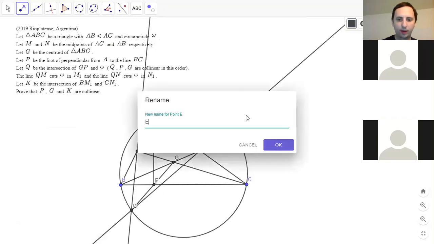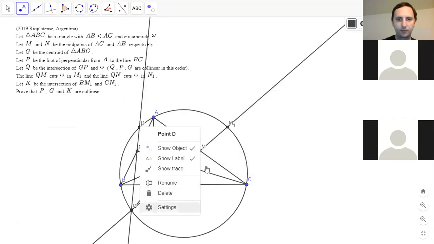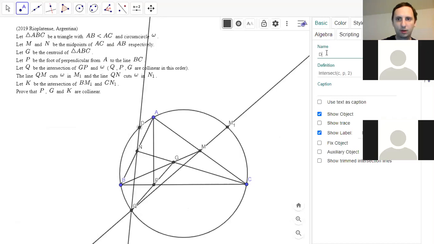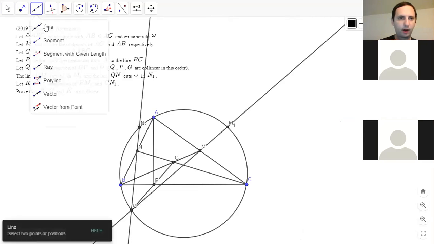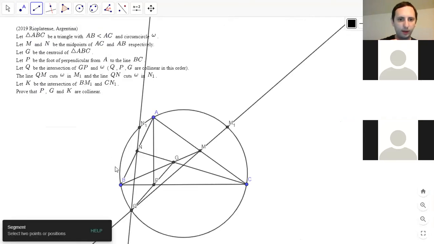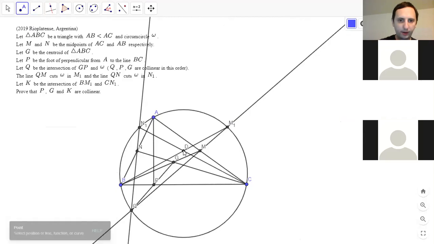So this is M1 and this is N1. And K is the intersection of BM1 and CN1. And we want to show that PG and K are collinear. It's interesting.